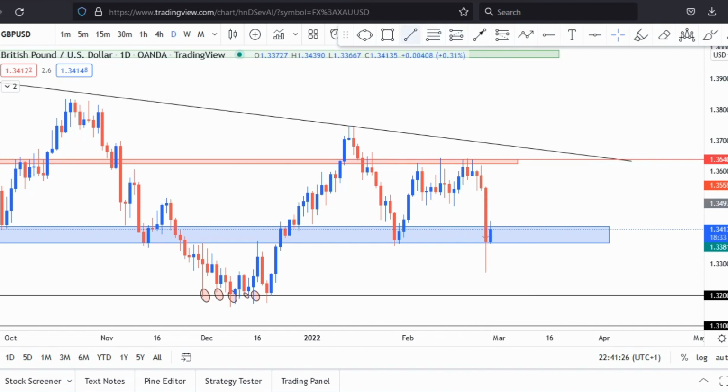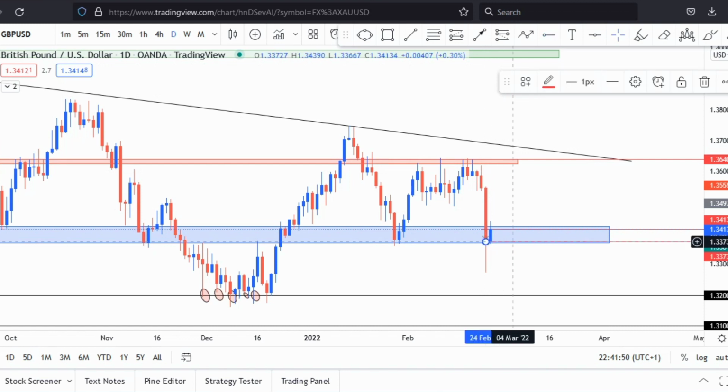So the way I trade the inside bar candle is normally I put a line on the high or the close of the inside bar, of the smaller one, and I put another line on the open of the inside bar.